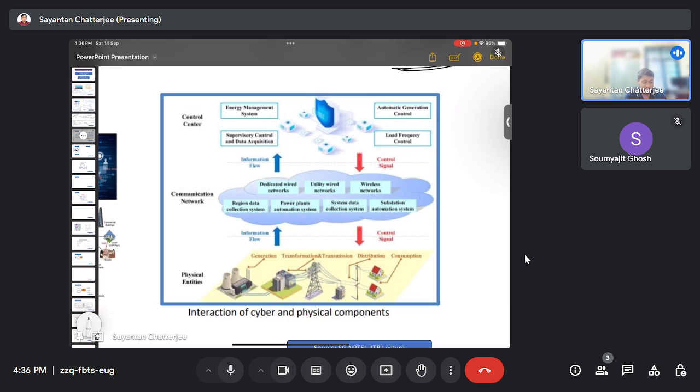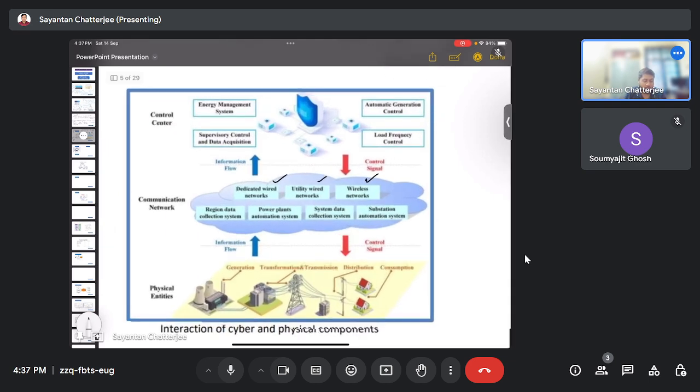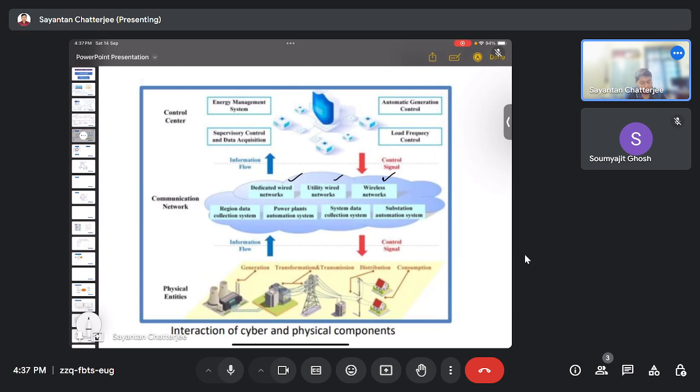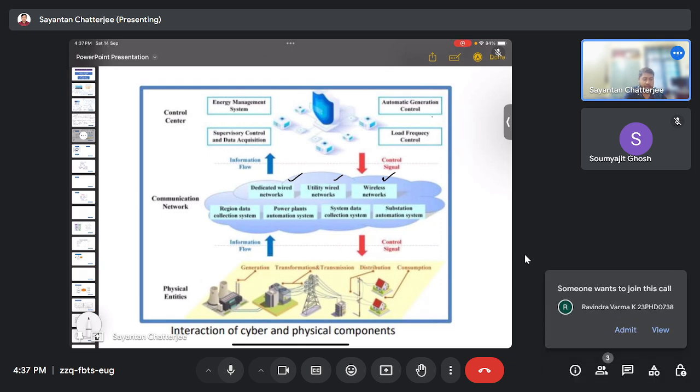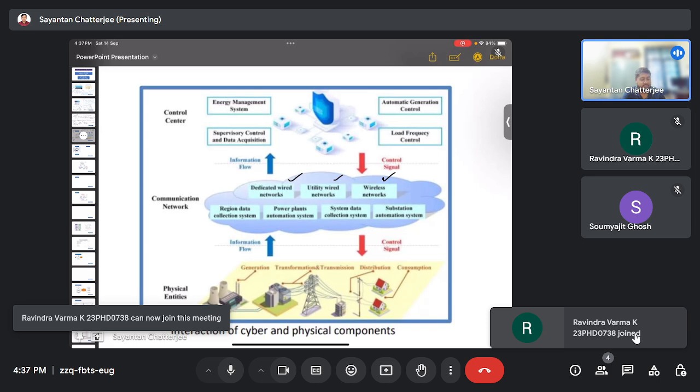Here is the communication network, where you have dedicated wired networks, utility wired network, wireless networks, regional data collective system, power plants, system data collection, substation automation system, power plant automation system, etc. Energy management system, supervisory SCADA system, AGC, AGC load frequency control.